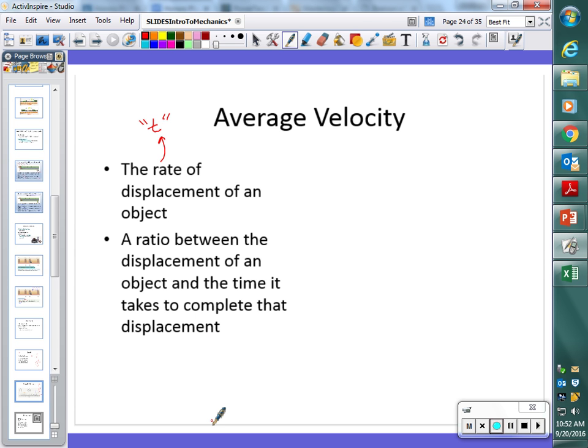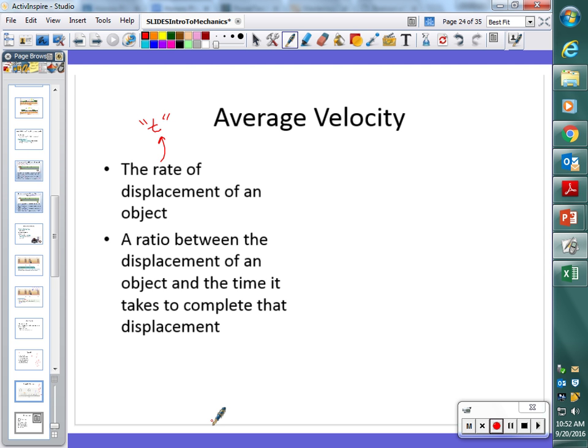But now, what are we comparing to time? What are we looking at over time? Not speed. What does that definition say? Displacement. All right?